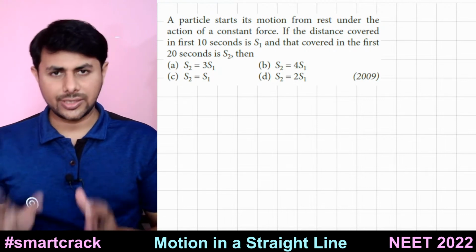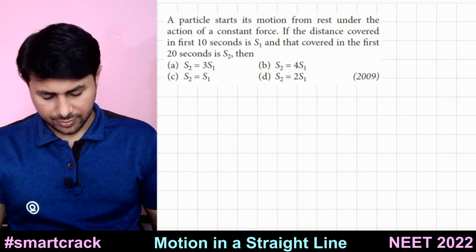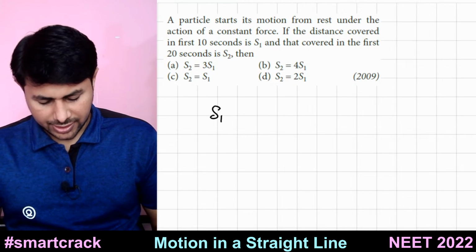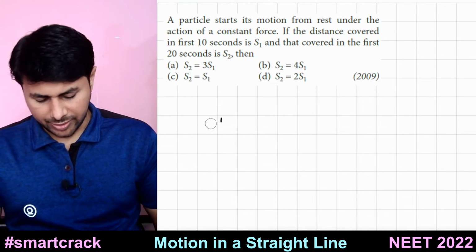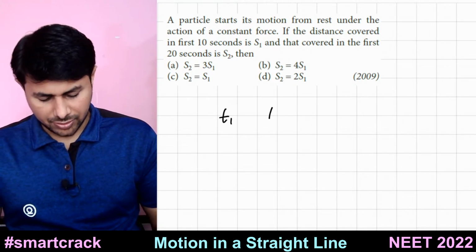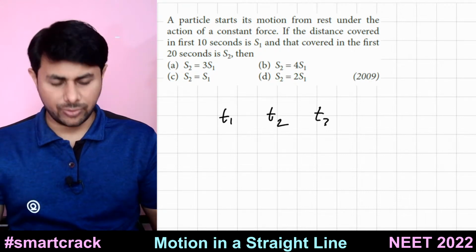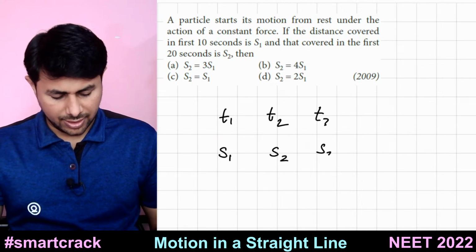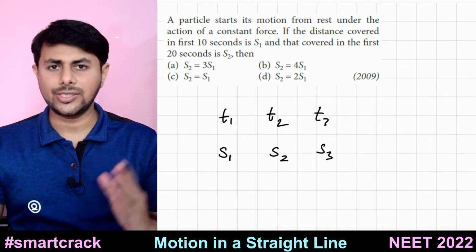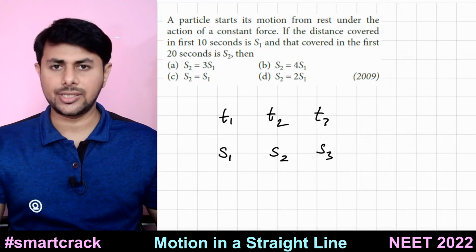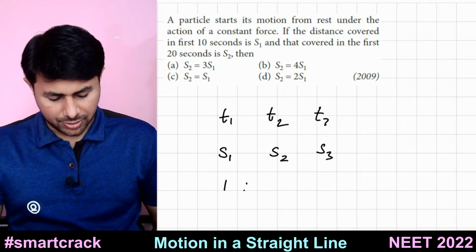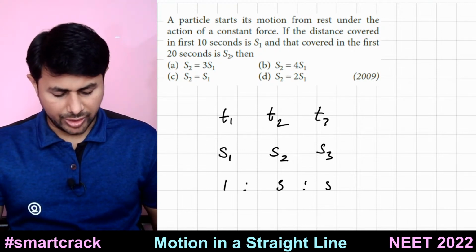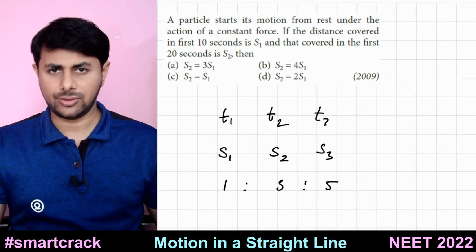So with constant acceleration, let's say we take time intervals t1, t2, t3, so on and so forth, and distances covered are s1, s2, s3, so on and so forth. Then what is the ratio of those distances covered? From Galileo's law of odd numbers, it is 1 is to 3 is to 5 and so on.